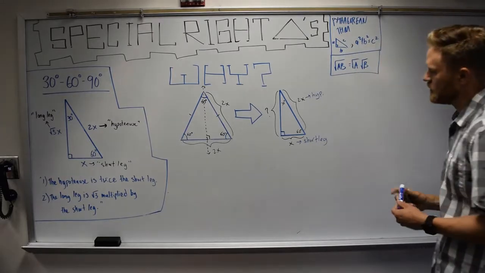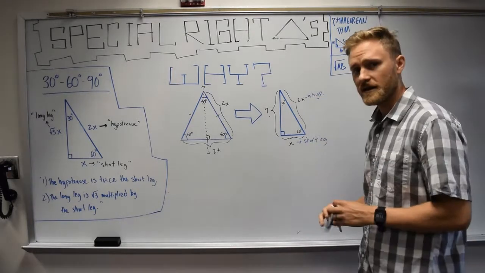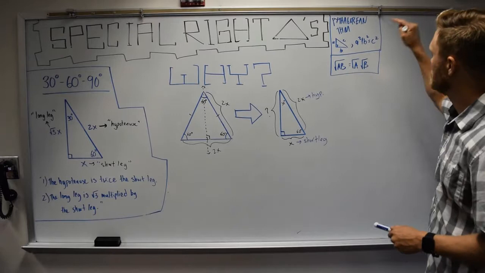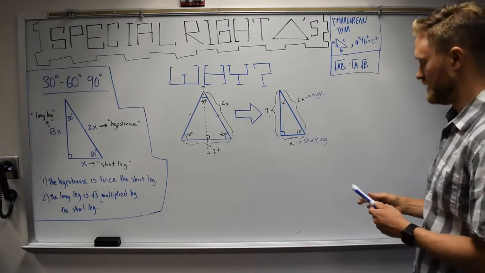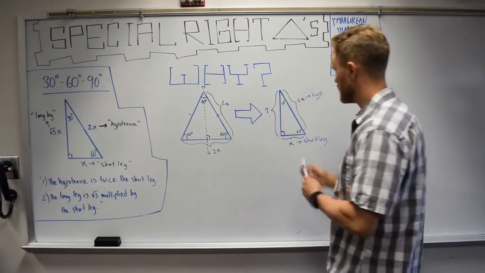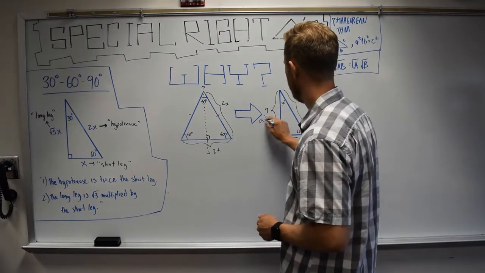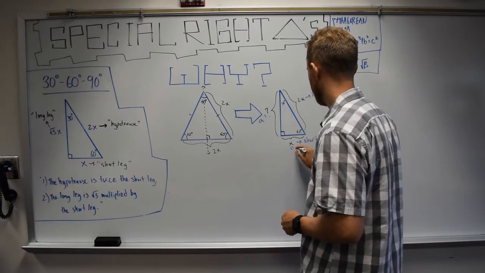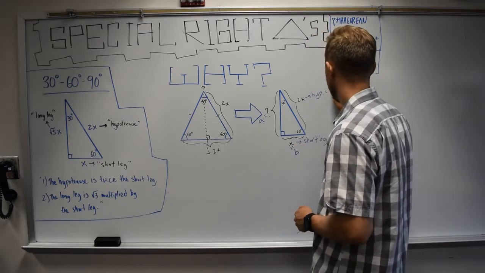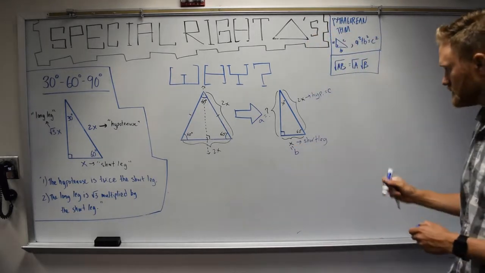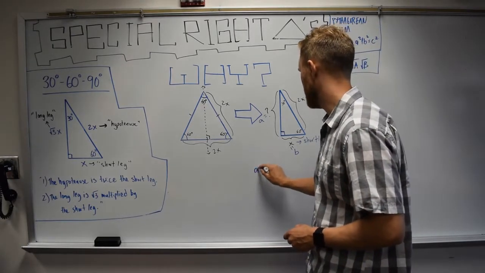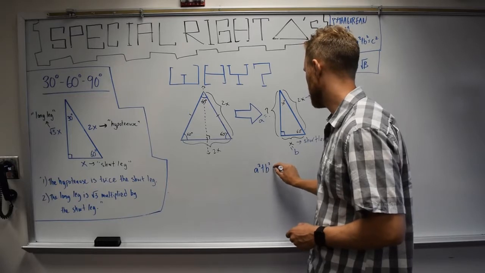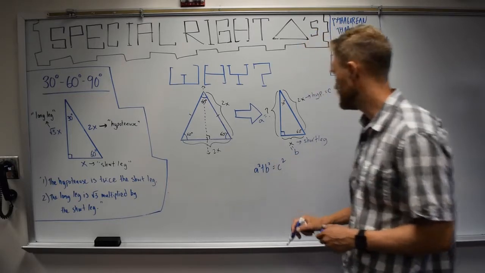So to come up with an equation for the long leg in terms of x, we're going to look to the Pythagorean theorem, just like we did with the 45, 45, 90 triangle. So we're going to call this side A, we're going to call this side B, and then our hypotenuse will be C. So if we start off with the Pythagorean theorem, we get A squared plus B squared equals C squared.